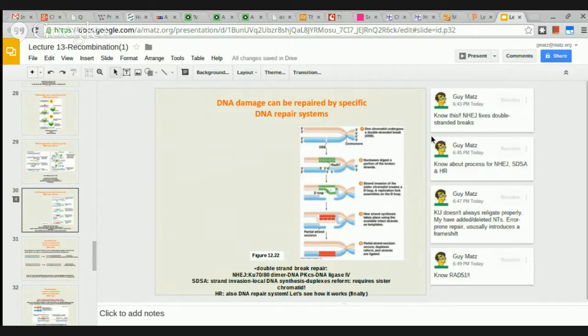And you need a little bit of gap filling here, but by and large, you've recreated the original sequence using the sister chromatid as a template. And here, there is no room for error. This recreates the original sequence. It fixes the break to the nucleotide.